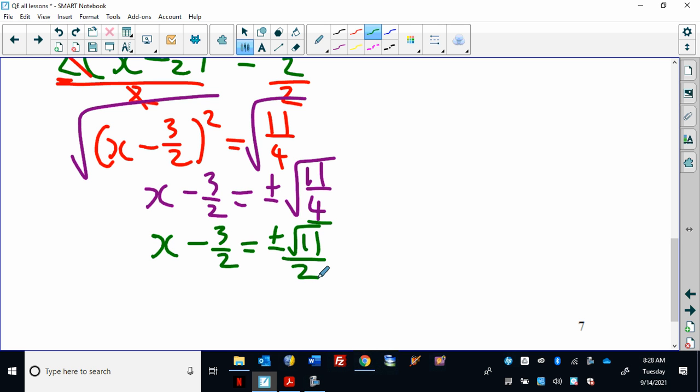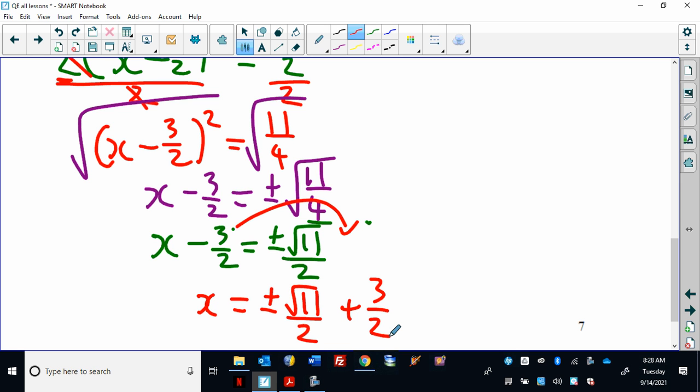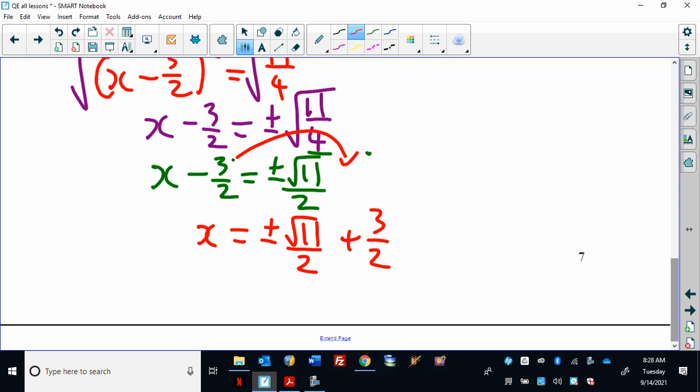And that's kind of nice, because now when I move this 3 over 2 over to this side, I'm going to get x equals plus or minus root 11 over 2 plus 3 over 2. And I have a common denominator, and the way that we'll usually write the answer to this question is as follows, even though this way is totally correct.